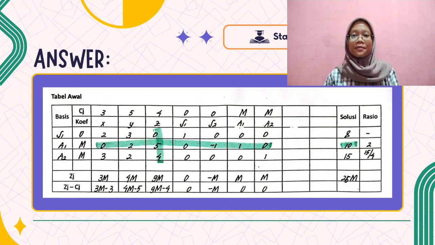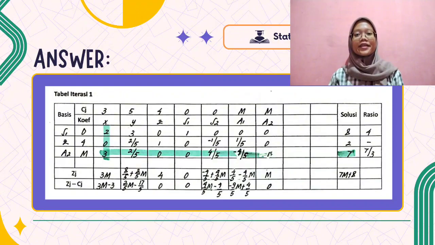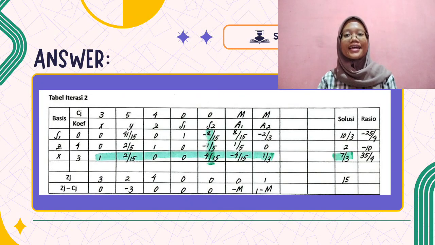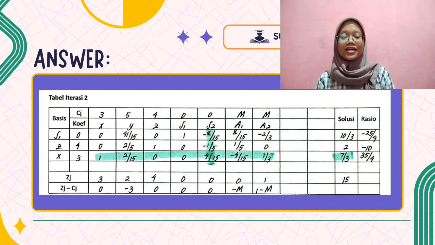First, determine the initial simplex table, and then determine iteration 1 and then iteration 2. In this second iteration, since all zj minus cj are less than or equal to 0, the table is optimum.